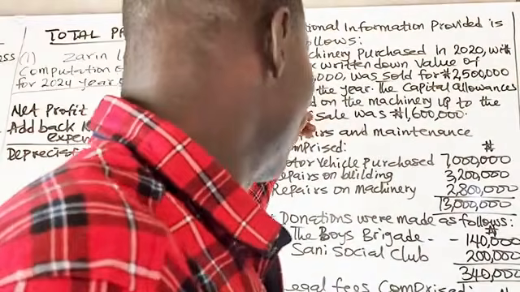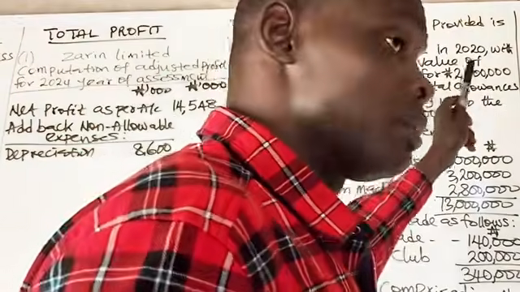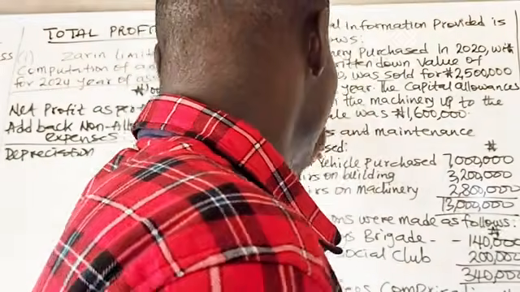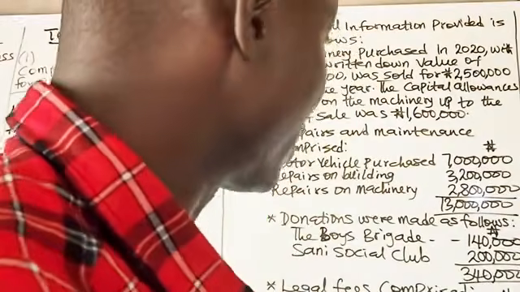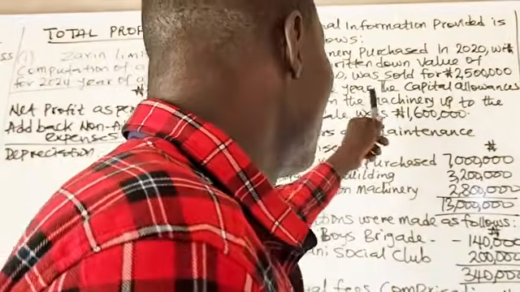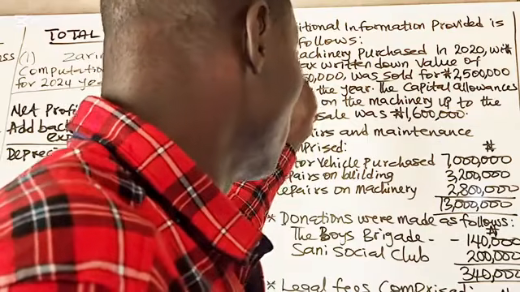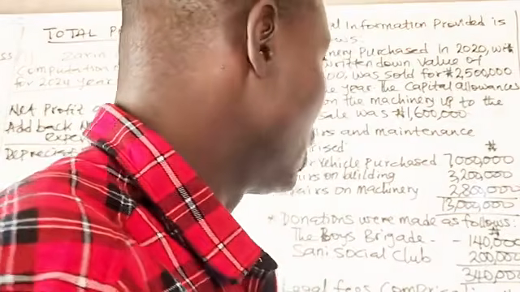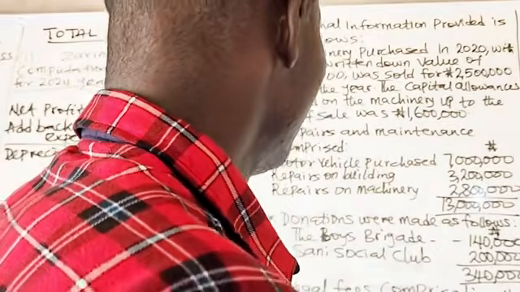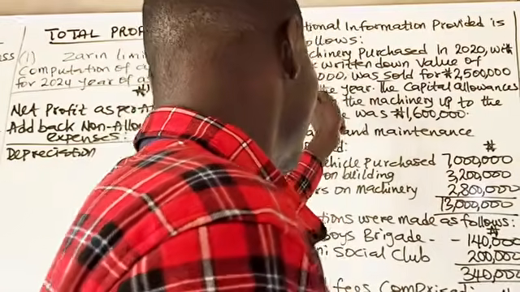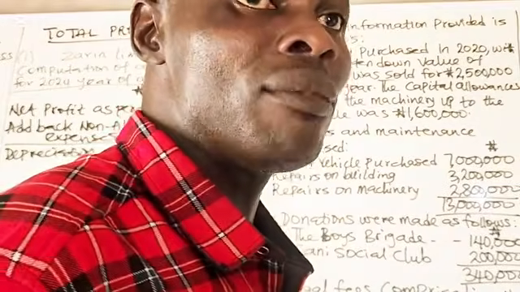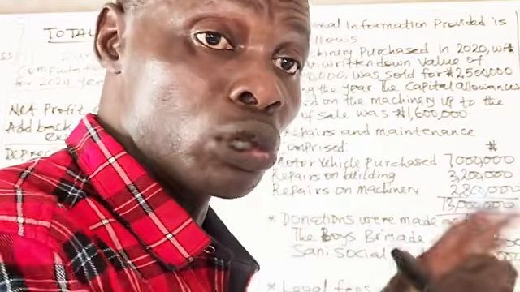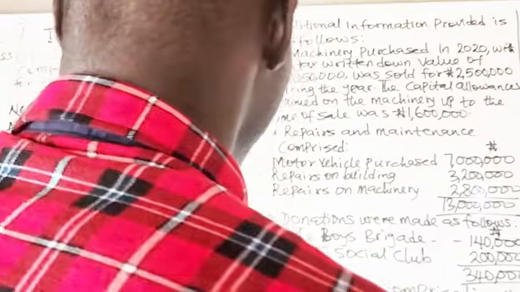Where the tax written down value is greater than the sales proceed, you have the balancing allowance. But since the sales proceed is greater than the tax written down value, you have a balancing charge. We don't recognize balancing difference in tax. So please bear that in mind.